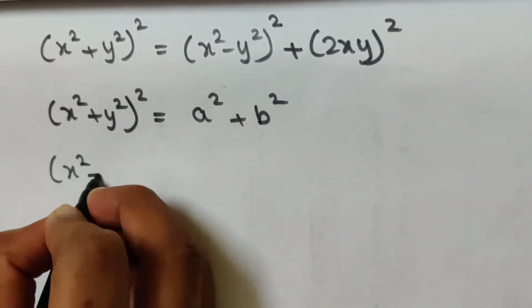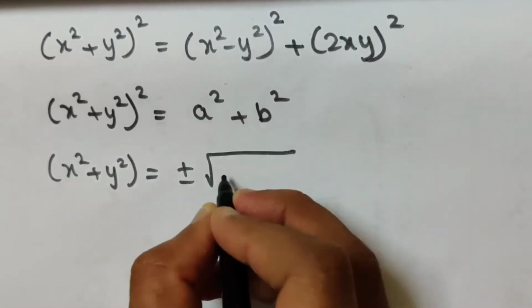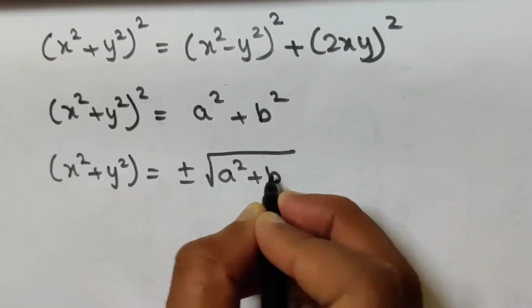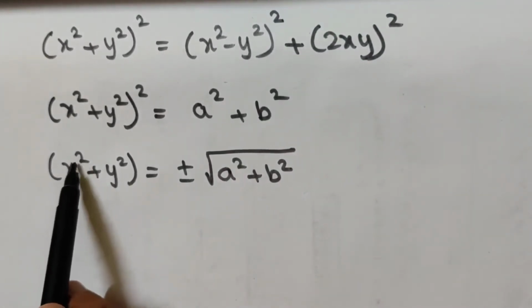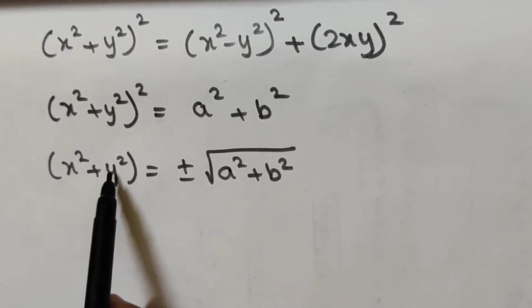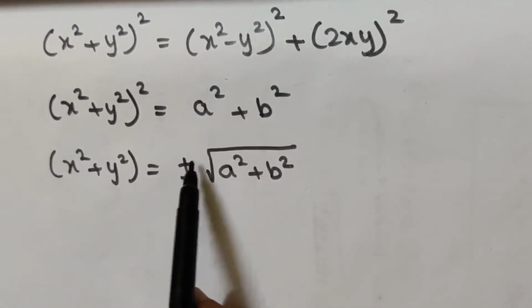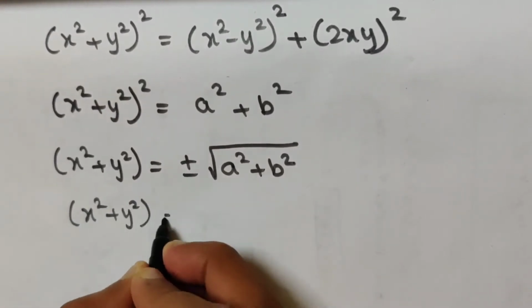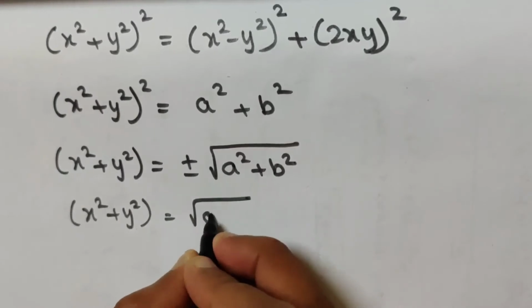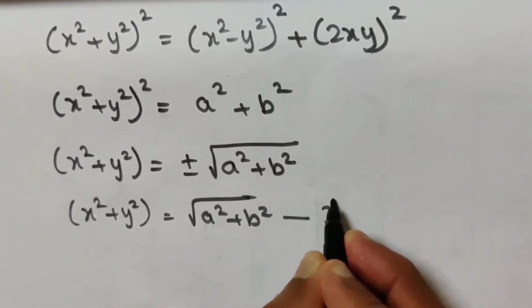Now my x square plus y square is equal to plus or minus root of a square plus b square. In this case, x and y are also squares, and if you square two terms and add, we will get only the positive result. So my x square plus y square is equal to only plus root of a square plus b square. So this is my equation 3.